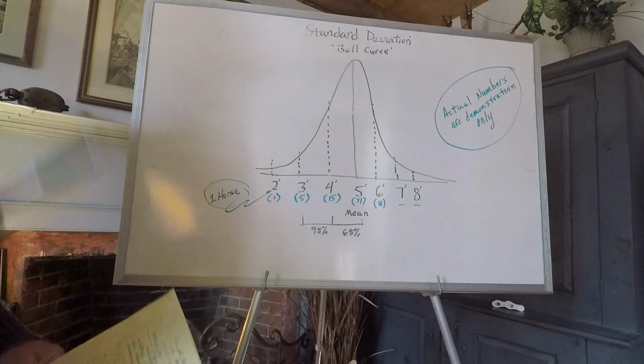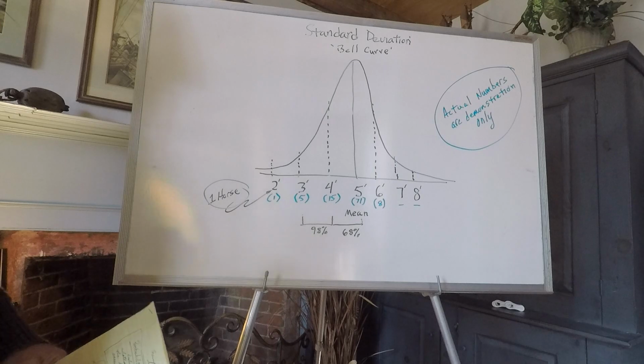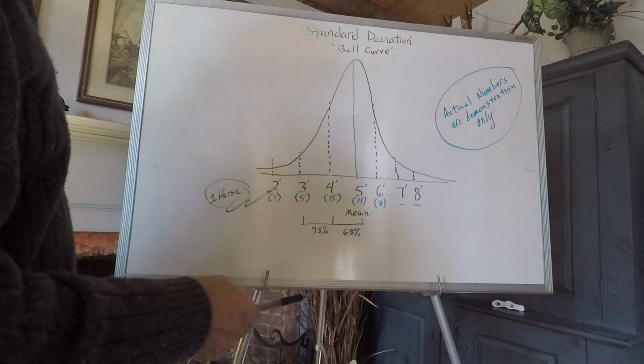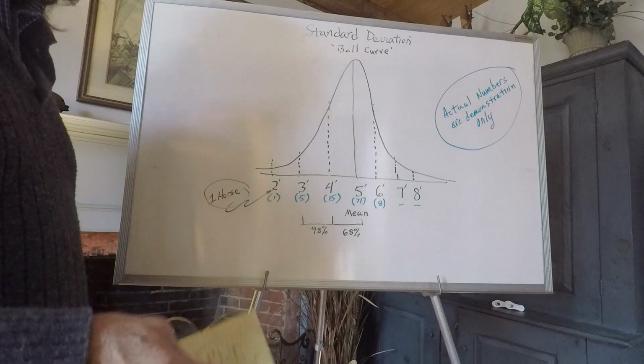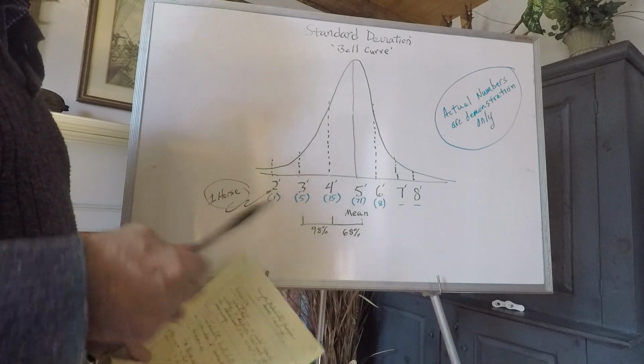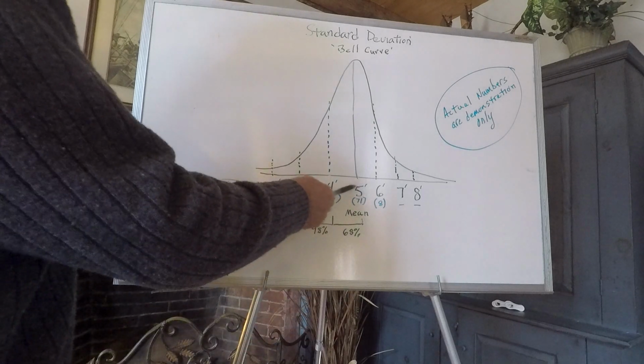Look, this is a probability distribution of the data that we saw in the last video. So let's just say that in calculating the average value of horse height, it's 5 feet.